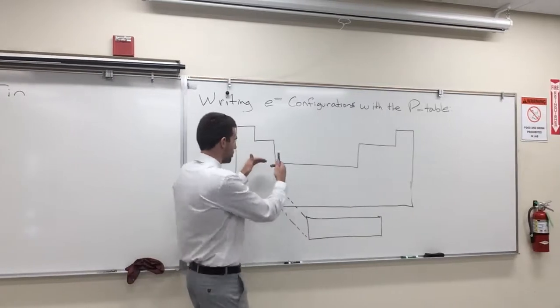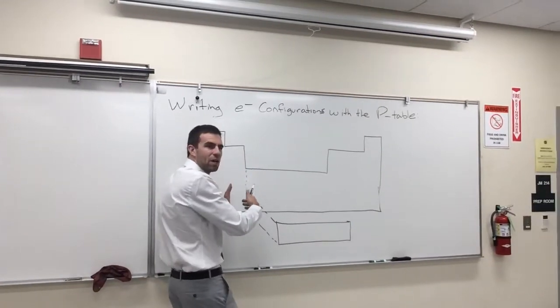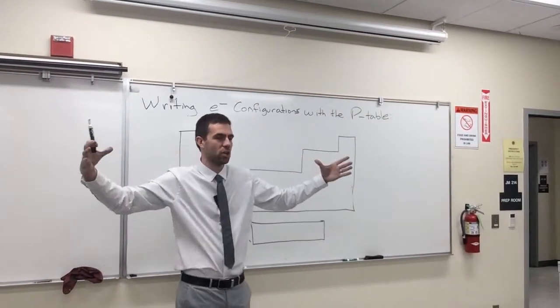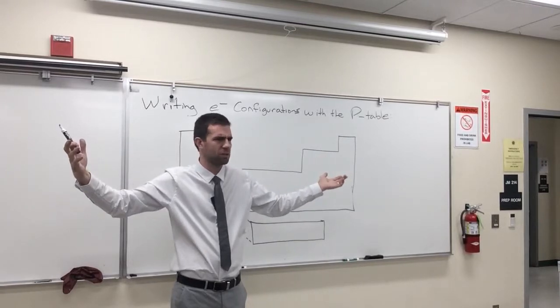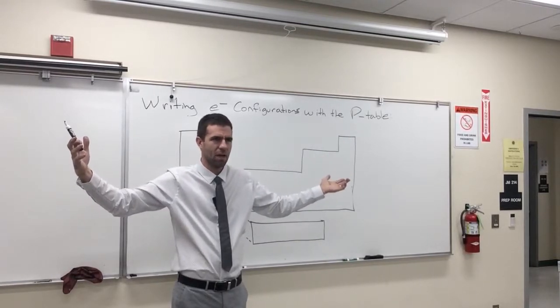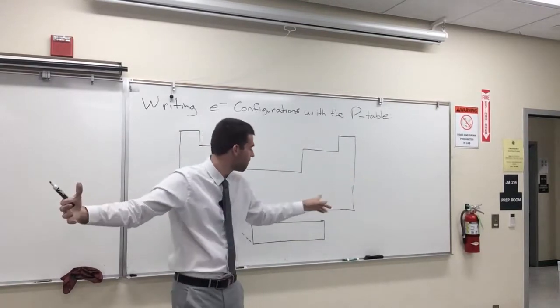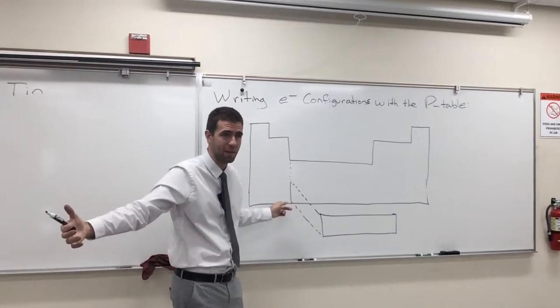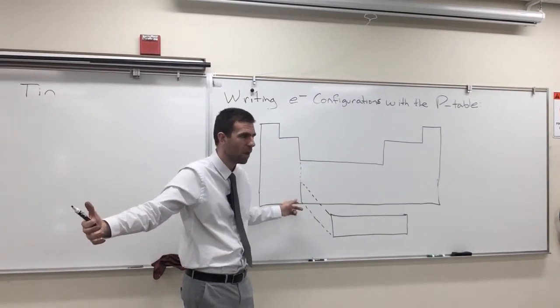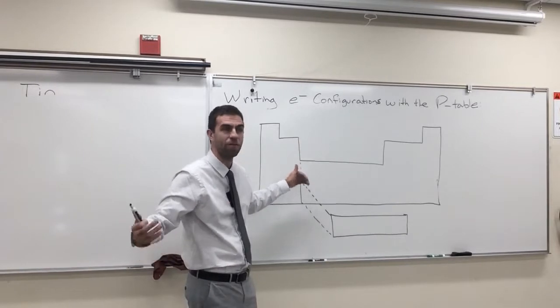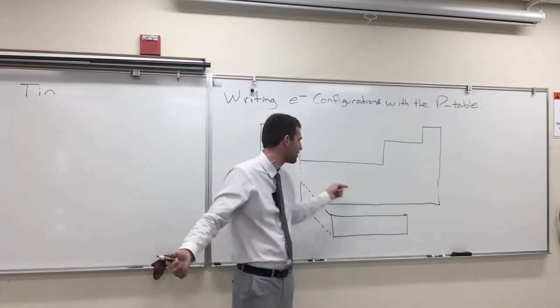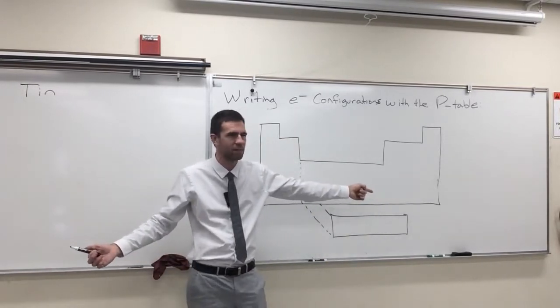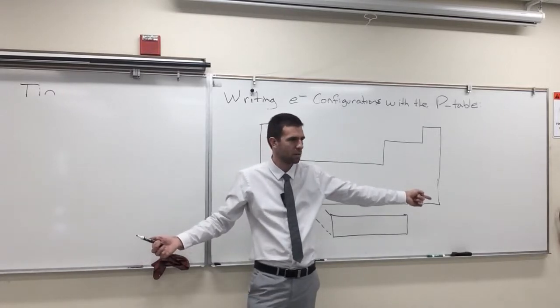But as you go lower in the periodic table, things are bigger. You can fit more things in a bigger suitcase, right? If you get a bigger atom, you can fit more electrons in. Does that make sense? As you go lower in the periodic table, you can fit more electrons in, so the periodic table gets longer across. Does that make sense, everyone? Right?